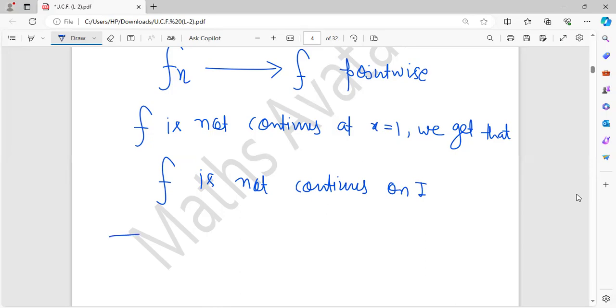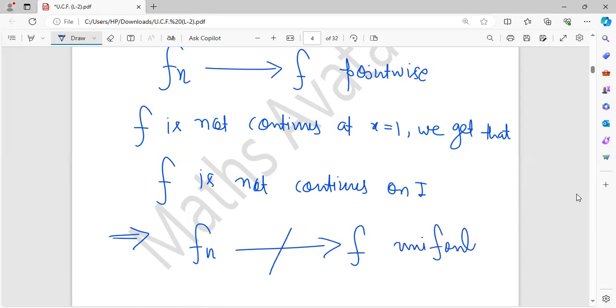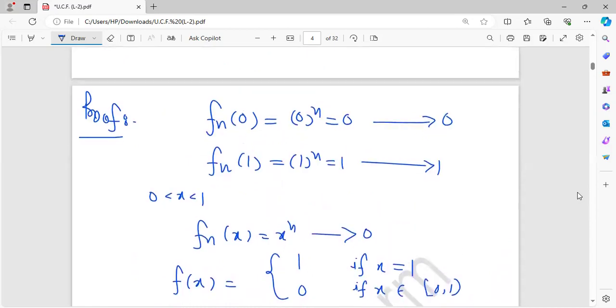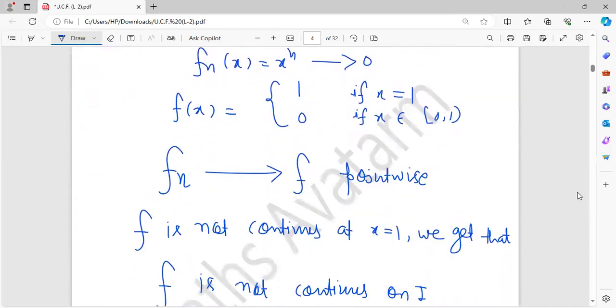So it means fn does not converge to f uniformly, even though it is pointwise convergent to f. Okay. Because each fn is continuous, as fn(x) is equal to x to the power n.